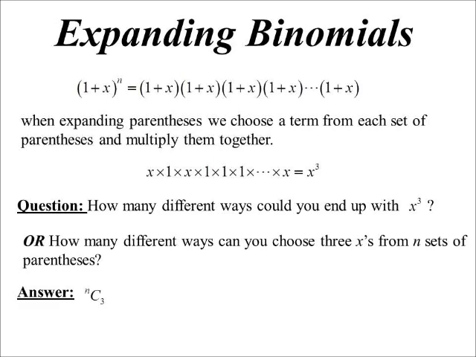nC3. So the binomial coefficients, whilst Pascal's triangle was a lovely way of doing it, once you get past the first few rows you've got to draw up the whole thing to work out what the coefficients are, but in reality they're the same as our combinations. So our general expansion of a binomial is that nCk will always be the coefficient of x to the power of k in the expansion of (1 + x)^n.